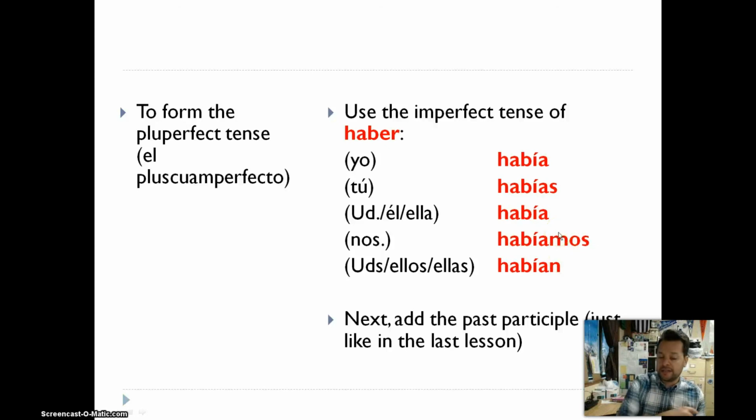And then just like in the last lesson, you're going to use the same type of past participle. Those are going to end in ado for AR ending verbs. They're going to end in ido for ER and IR ending verbs. And then the irregular ones, like I said, abierto, dicho, escrito, muerto, puesto, resuelto, roto, sido, visto. So those that you have to memorize are included in that batch as well.